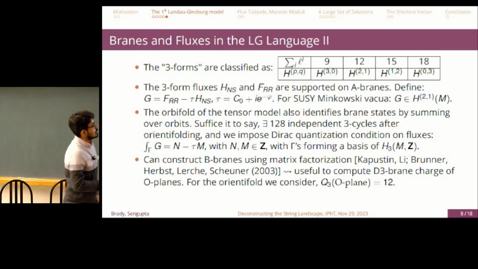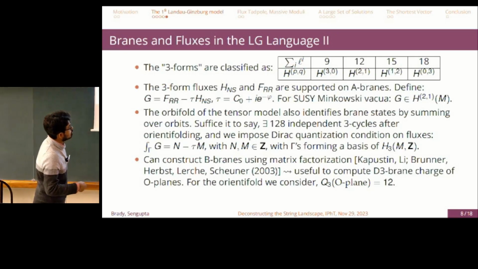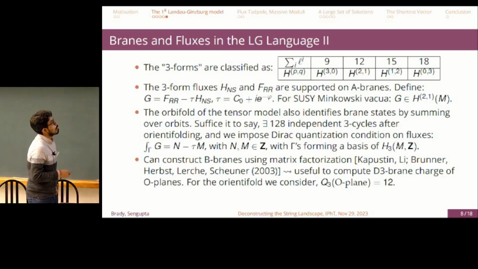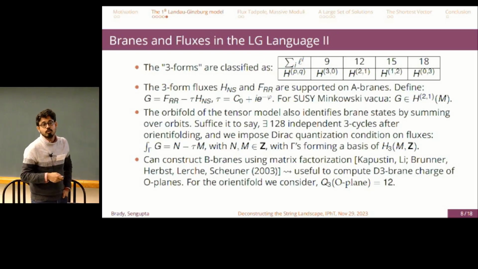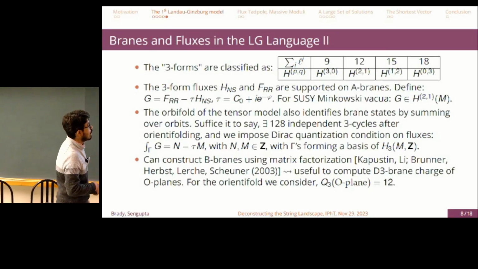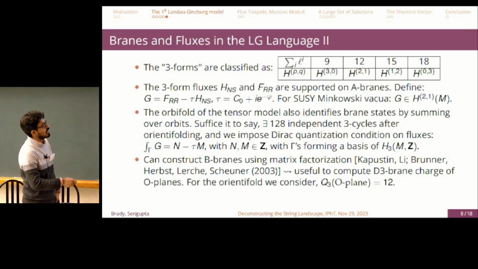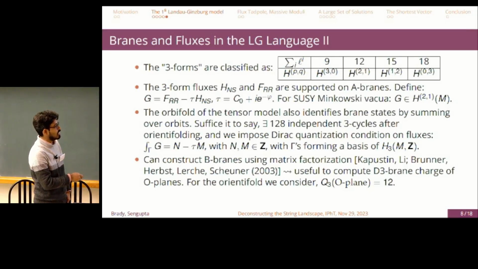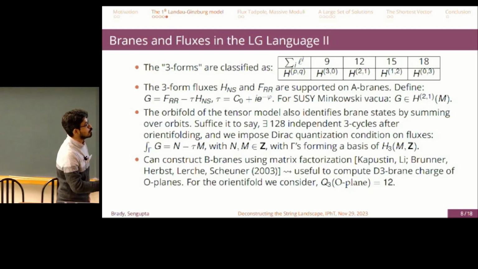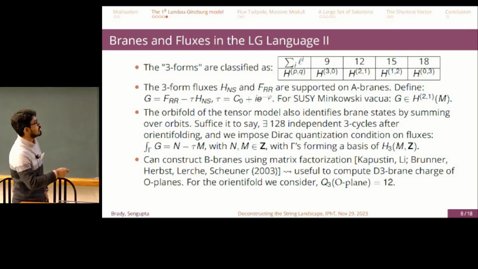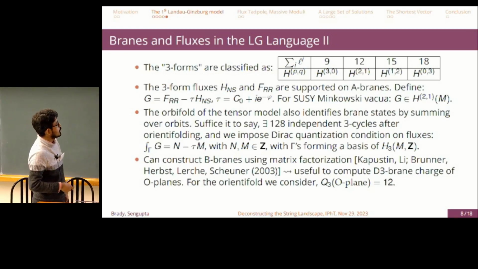And the B-branes, usually you use the method of matrix factorization to construct the B-branes. And they are useful because they can support orientifold planes and other sources. And again, skipping details, we can show that the orientifold that we are considering has a D3-brane charge of 12 when you use the matrix factorization technology.